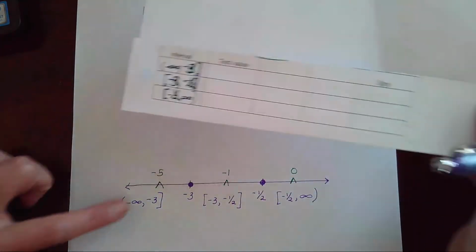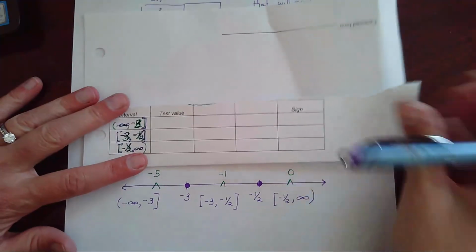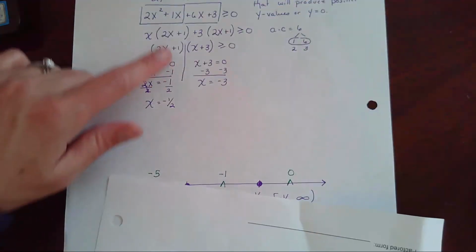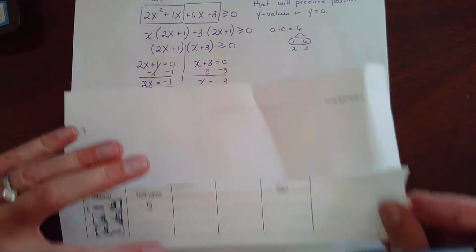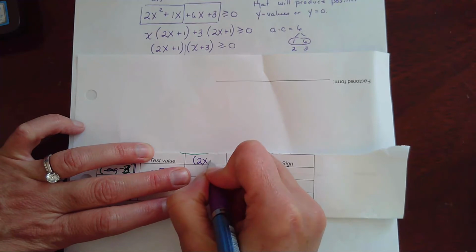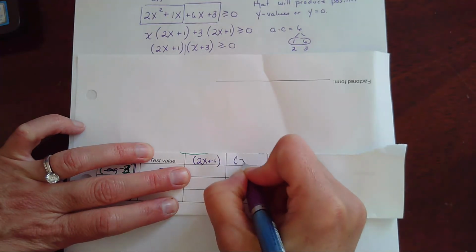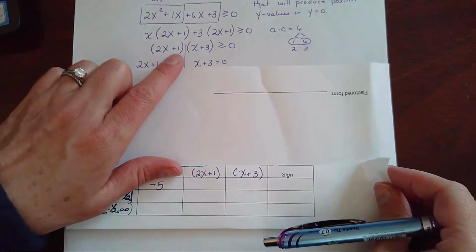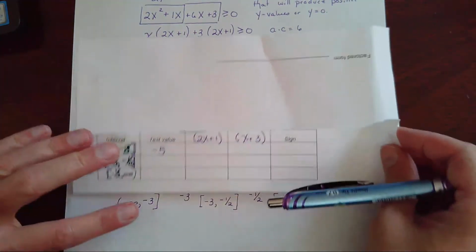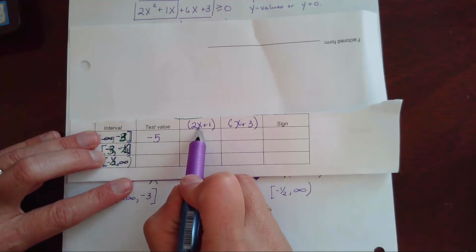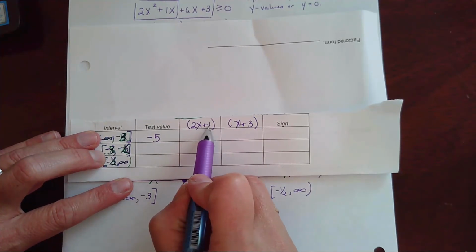All right, so the first test value we chose was -5. Now we're just putting these into the factored form of our quadratic. So we've got 2x plus 1 and x plus 3. That's my factored form right there. So if I put -5 into this first factor, I'll get -5 times 2 is -10 plus 1.